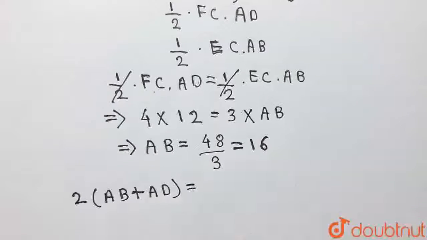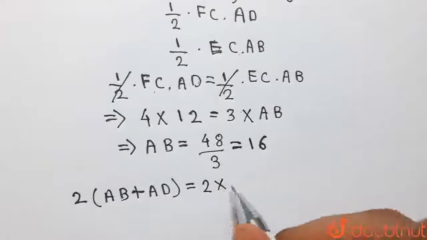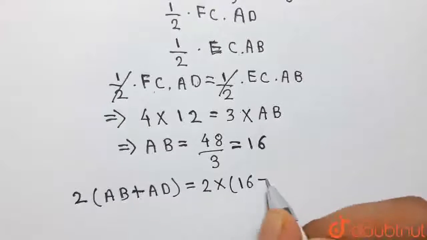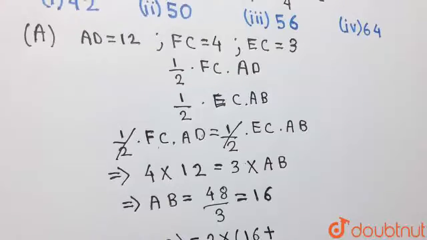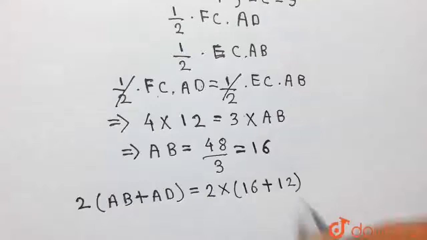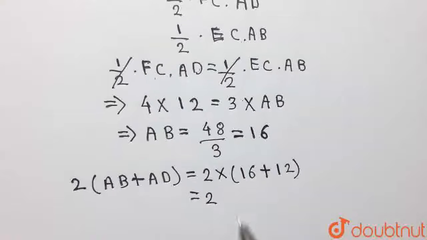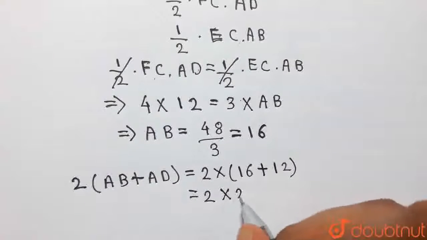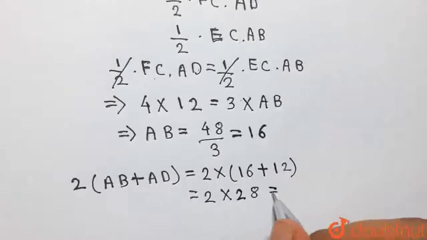This can be written as 2 into AB, which is 16, plus the length of the side AD, which was already given as 12. So 2 into the sum of 16 and 12, which is 28, hence 2 into 28, which is 56.